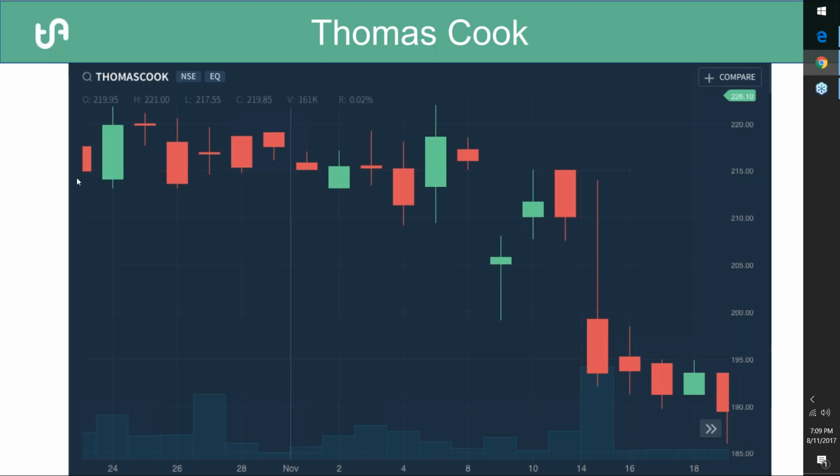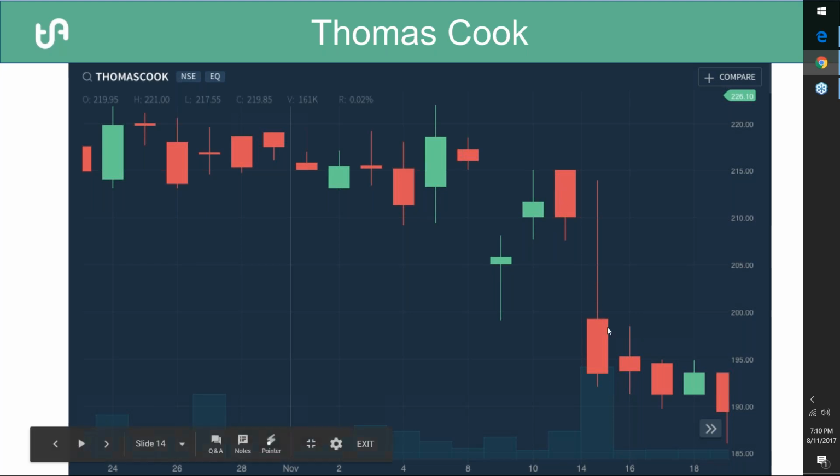You can see here on 25th October that Thomas Cook went up about 15 to 20 rupees. As we keep going forward, the average range is around 5 to 10 rupees. Over here it's 3 rupees, here 2 rupees, 1 rupee, 3 rupees, 2 to 3 rupees, and so on. Here there's a little more volatility, and no volatility here. It doesn't move very much within the day.